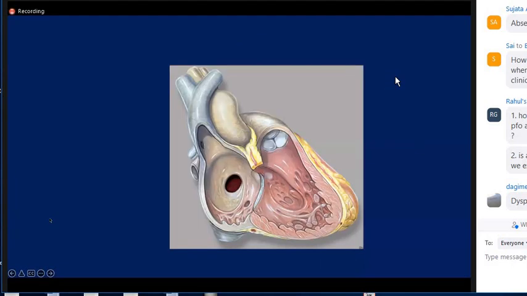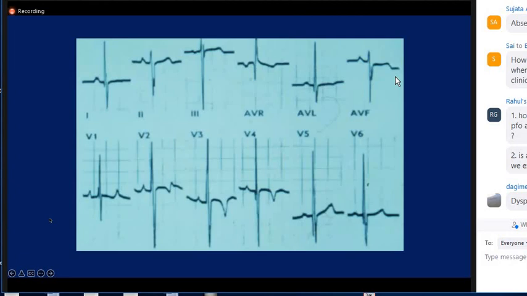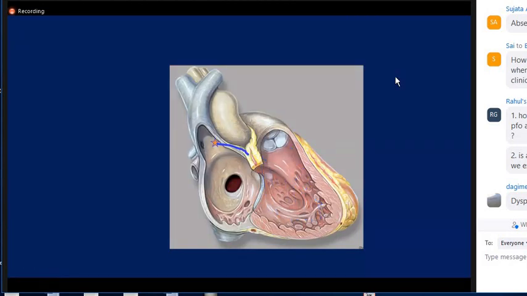But actually, it is not atrial septal defect. Let me see whether I have that picture. No, it is actually a case of partial anomalous pulmonary venous return.